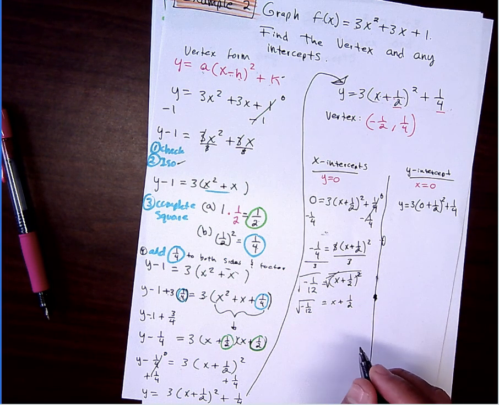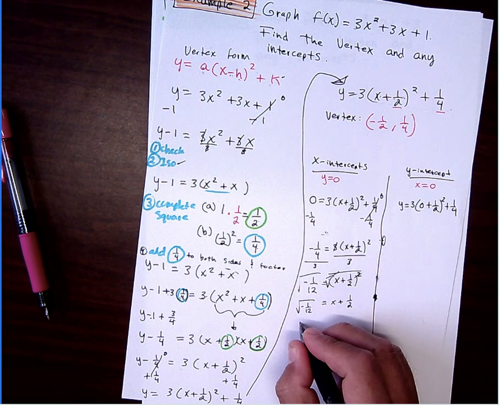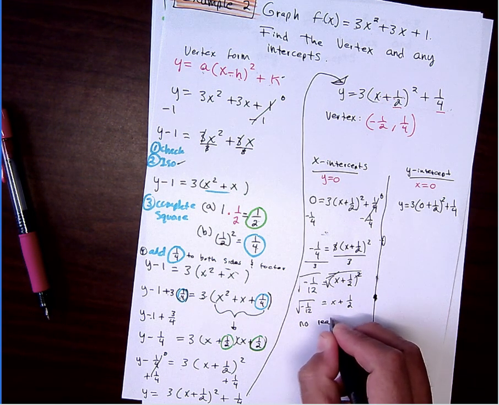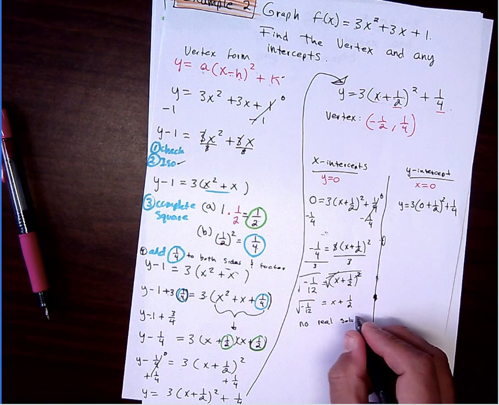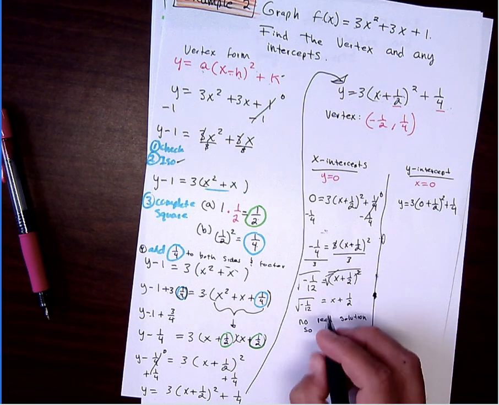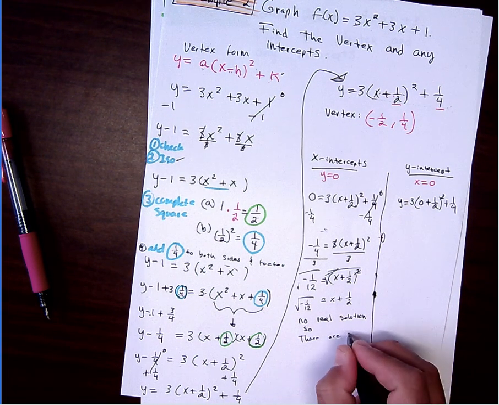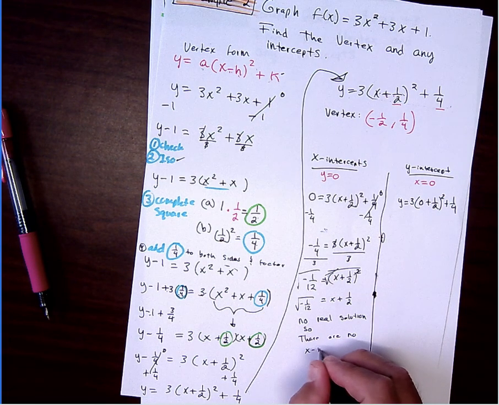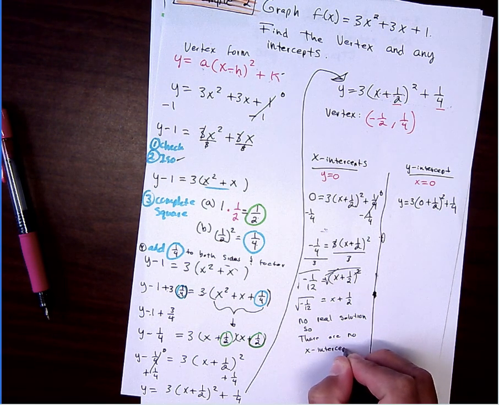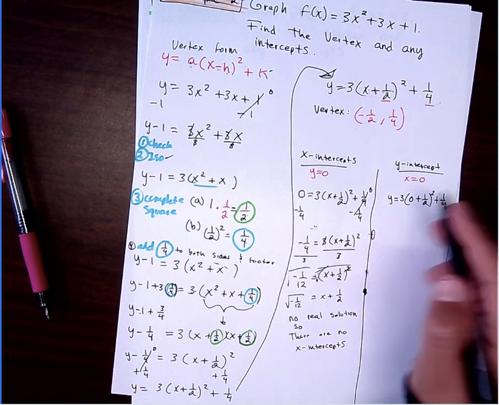So that means there's no real solutions. So in other words, there are no x-intercepts. So instead we're going to try to find this one.